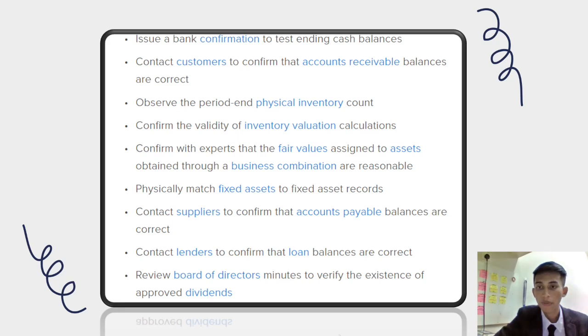Confirm with experts that the fair values assigned to assets obtained through a business combination are reasonable. Physically match fixed assets to fixed asset records. Contact suppliers to confirm the accounts payable balances are correct. Also, contact lenders to confirm that the loan balances are correct. And last, review board of directors minutes to verify the existence of approved dividends.